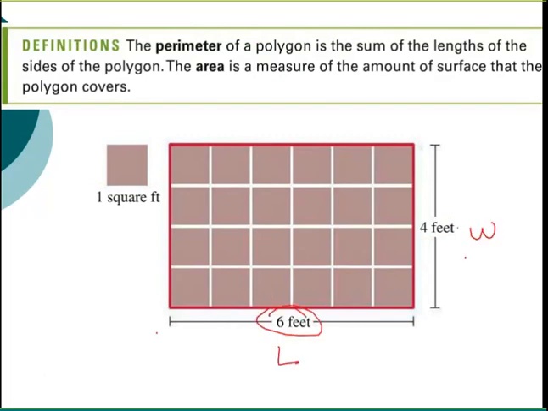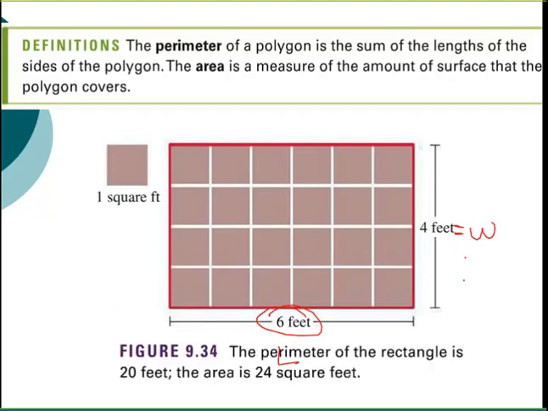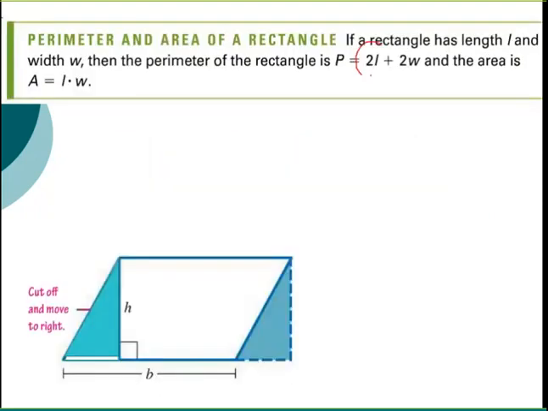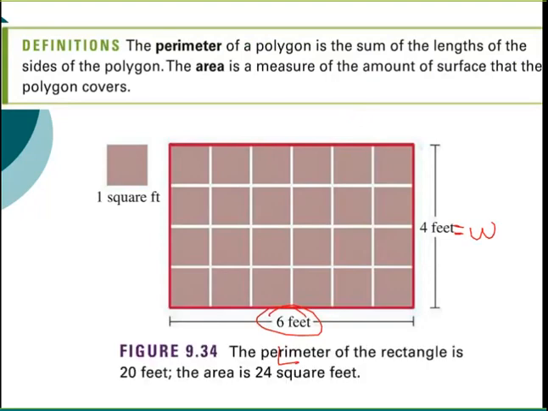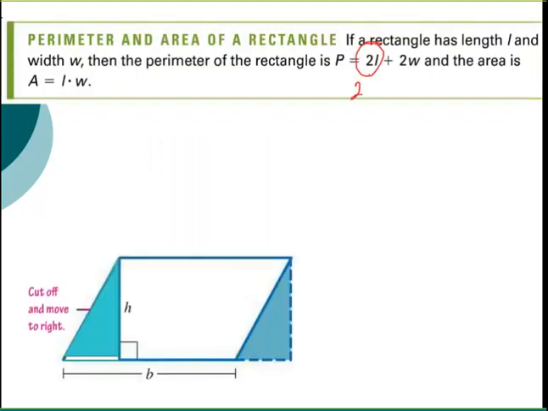It actually doesn't matter which one you call which. And the formula says if I have 2 of the lengths, which was the 6 feet, and 2 of the widths, which was the 4 feet, I would add it together. So 2 times 6 plus 2 times 4 adds up to be the 20 that I got. So 2 times 6 is 12, 2 times 4 is 8, and that gives me my perimeter of 20.